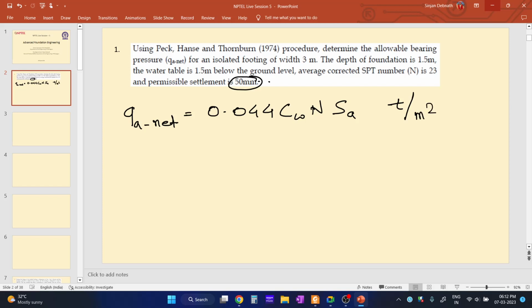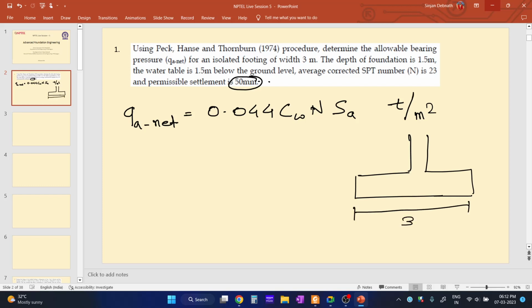So first of all, let me draw the problem. There is an isolated footing. The width of the footing is 3 meter, and if this is the ground surface, the depth of the footing is 1.5 meter.